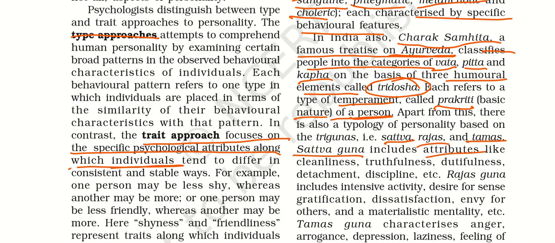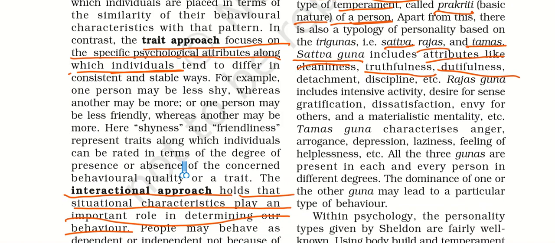Sattva guna includes attributes like cleanliness, truthfulness, dutifulness, detachment, and discipline, whereas rajas guna includes intensive activity, desire for sense gratification, dissatisfaction, envy, and other materialistic mentality.